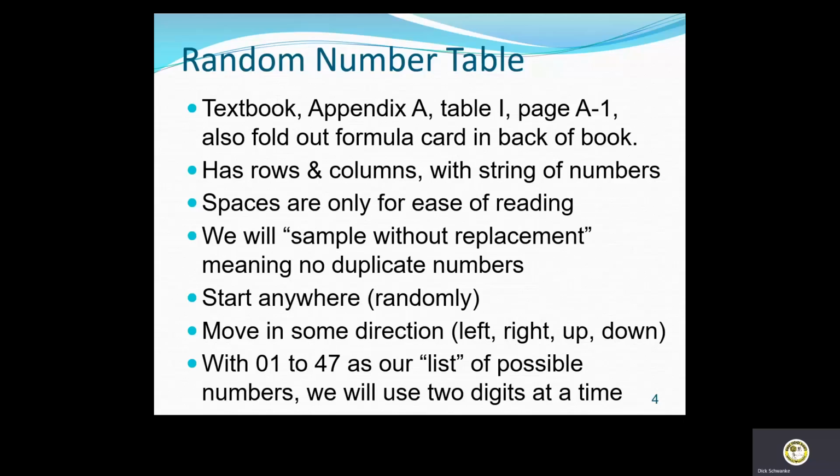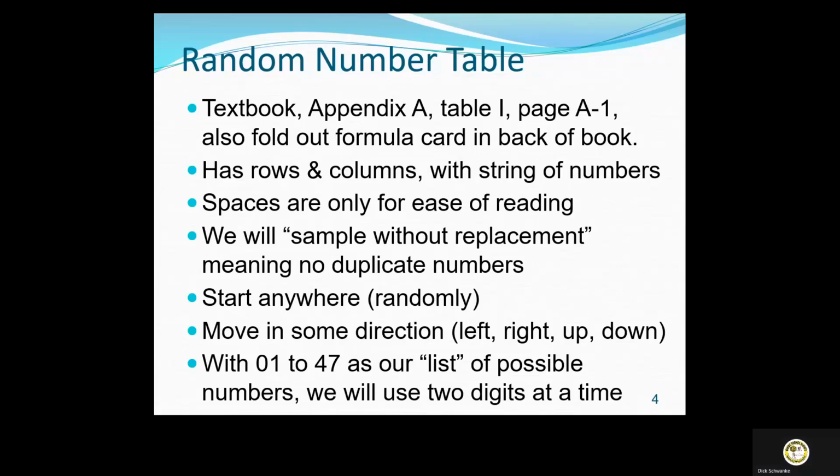It's on page A1. You notice it has rows and columns, and there's this string of numbers. You'll see that for every 5 columns, there's a space, and then there's another 5 digits. Those spaces are put in there only because it makes it easier to read.